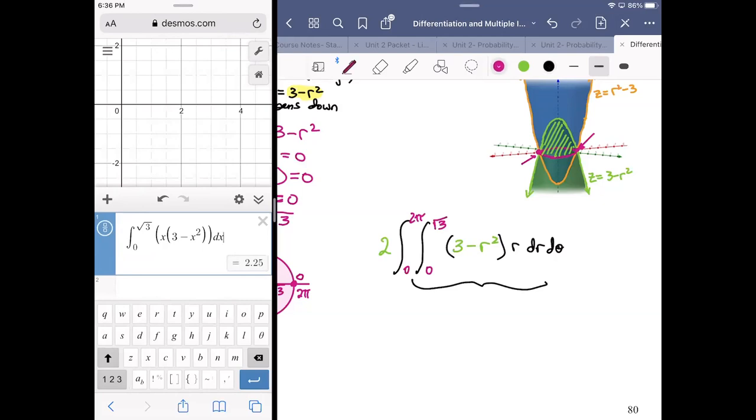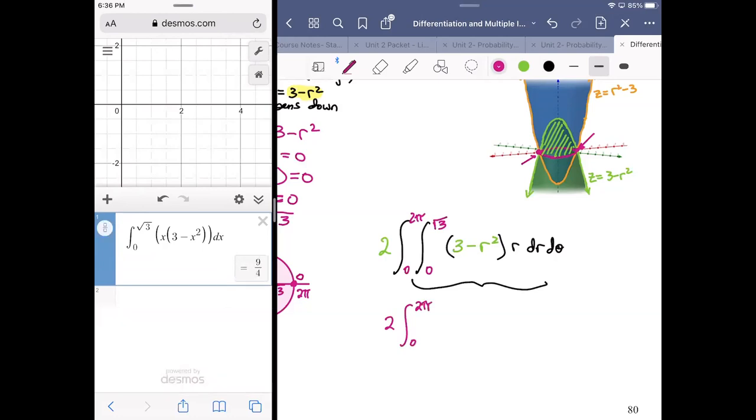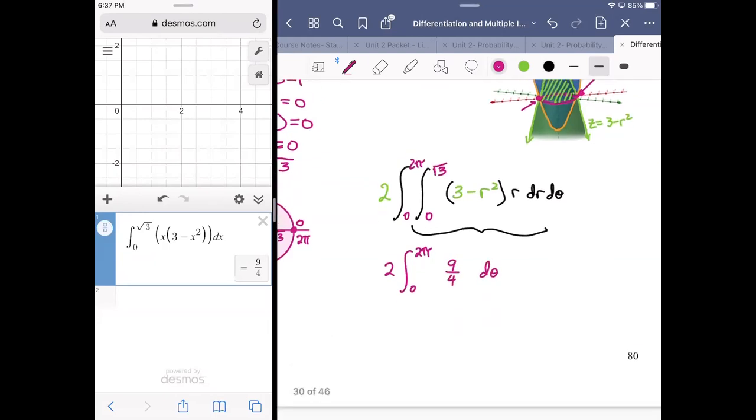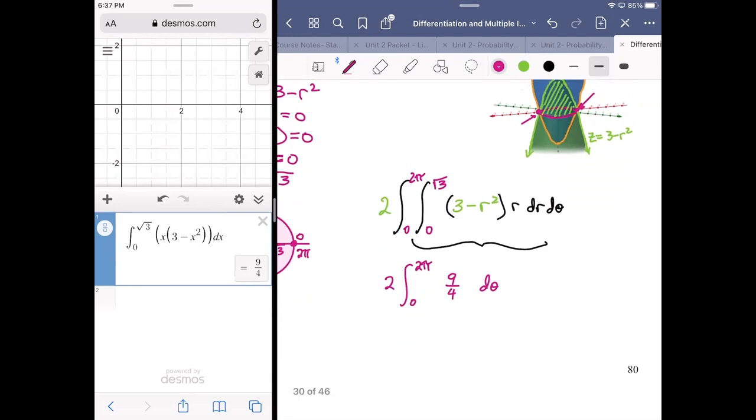So I'm going to have 2 times the integral over the interval of 0 to 2 pi of 2.25, in fraction form 9/4, d theta. The rest I can do by hand. So 9 theta over 4 over the interval of 0 to 2 pi, whatever that result is, multiplied by 2.